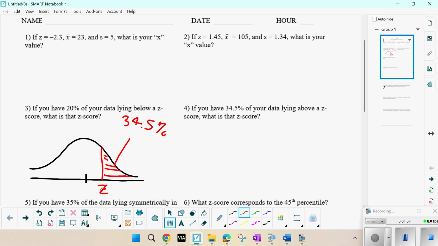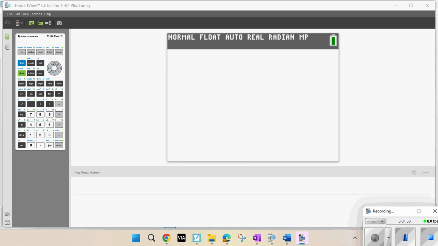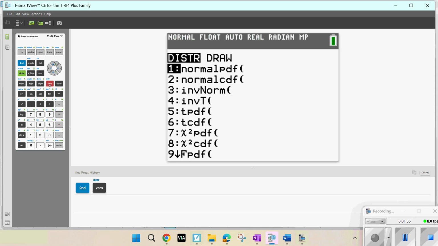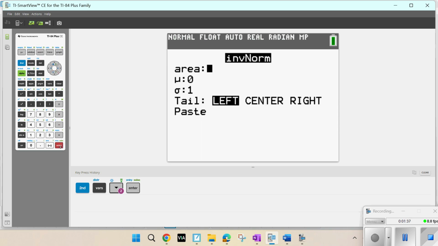Well, we know that if we're working with z-scores, we're using a mean of 0 and a standard deviation of 1. And since they give me the area, we're going to use inverse norm here. So going to our calculators, we're going to do second vars down to inverse norm.